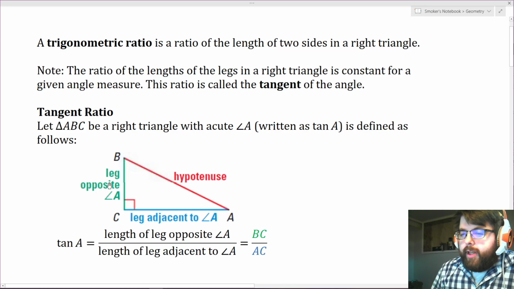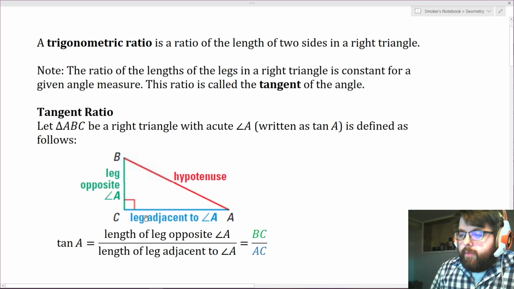This leg that's opposite A is the only leg of the triangle that's not touching A. So this is opposite. Adjacent will be the leg that is touching the angle A.